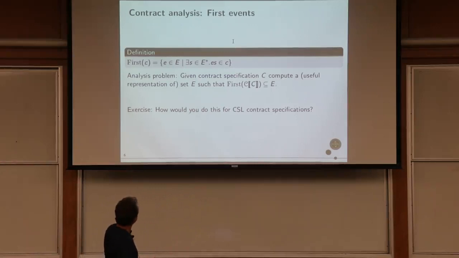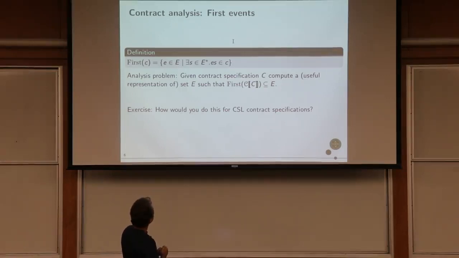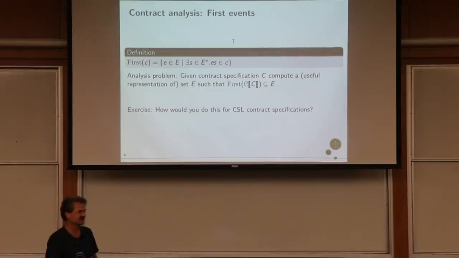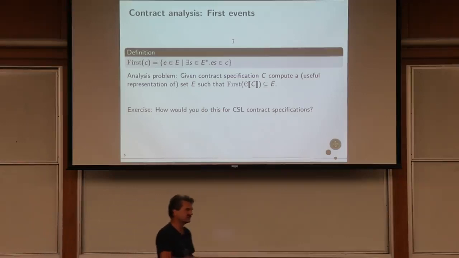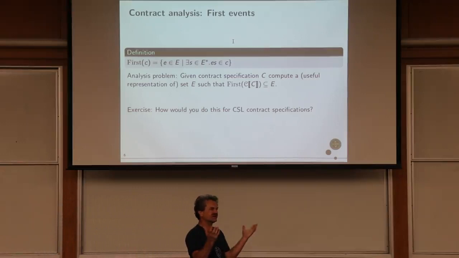So the analysis problem we have is, given the contract specification, capital C, compute a useful representation of some set, a different E, okay, such that the first set is contained in it. So it should be sound, okay, so we don't overlook an event, but it shouldn't be much bigger than necessary, okay, that's what I mean by good.